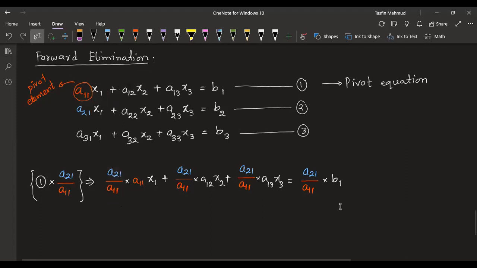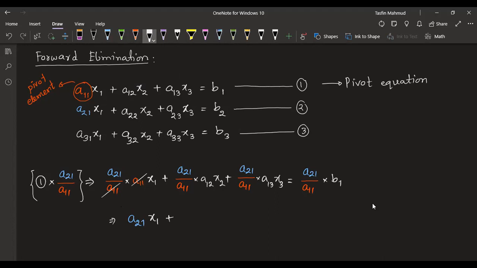So what we can see here is that these a11 terms would be cancelled out for the leftmost term. We will get a21 x1. That's the thing we are focusing on.